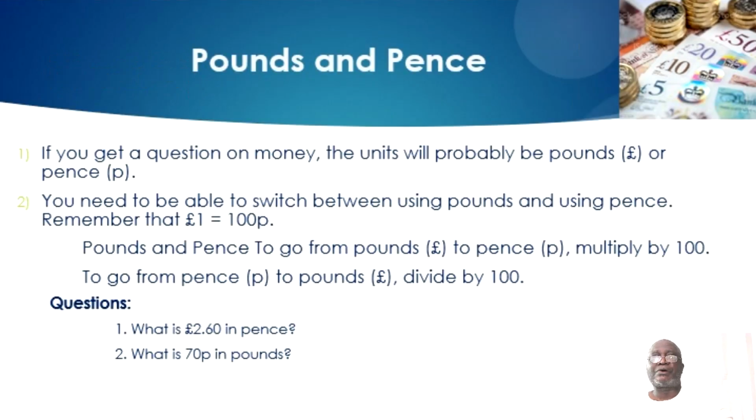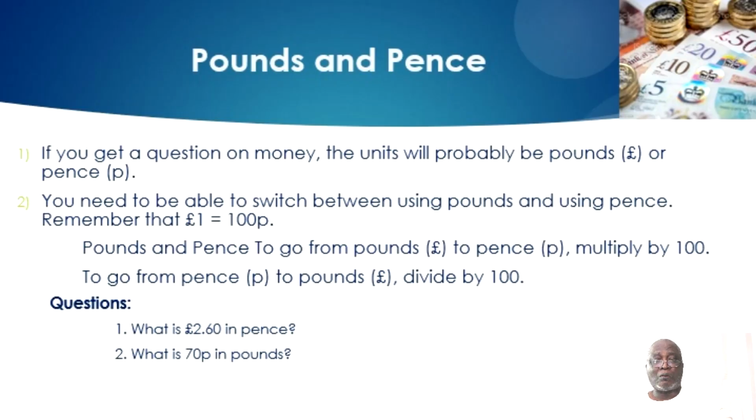Like I told you earlier on, it's always useful to understand the meaning of words when you're doing maths. That way, you know what you're doing. If you get a question on money, the units will probably be pounds or pence. You need to be able to switch between them.